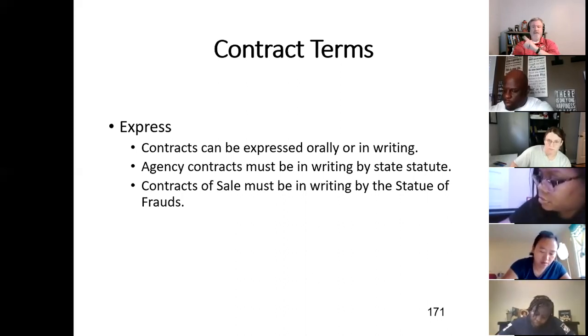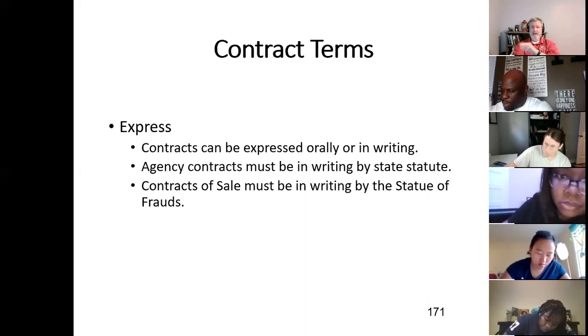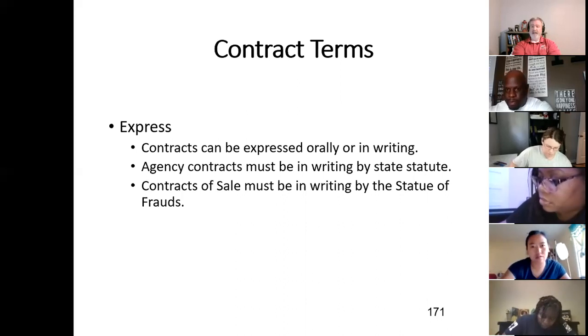And here's why this is a big deal. In South Carolina, remember, implied agency is illegal. Some states it's legal, meaning it could be expressed orally or verbally or whatever, but not in South Carolina because of state law. This is not a federal law. So state law requires agency to be established in writing.